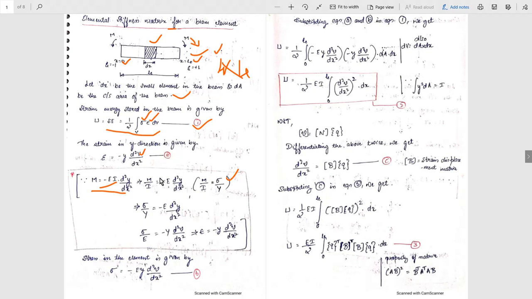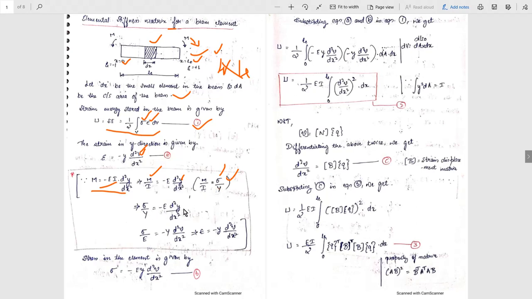Substituting in place of M by I, sigma by y, we get this expression. Don't get confused between this y and this y here. This y is nothing but your transverse displacement v, and this y is the farthest distance from the neutral axis. We denote it as y or c.